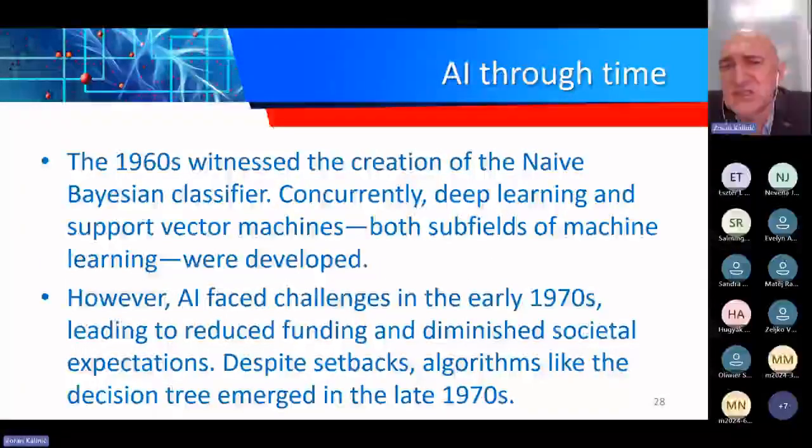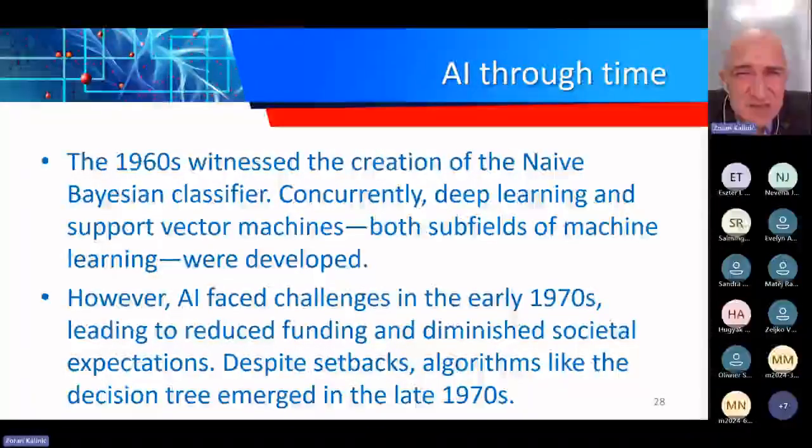In the 1960s, we have some different methods also still popular and still used as machine learning techniques, and some of them are the naive Bayesian classifier or support vector machines.